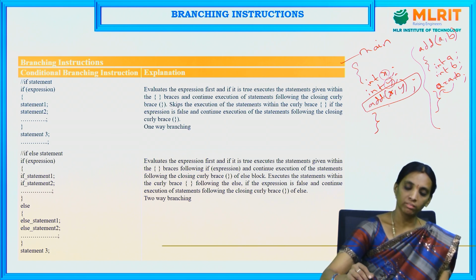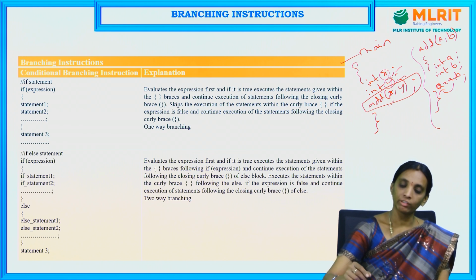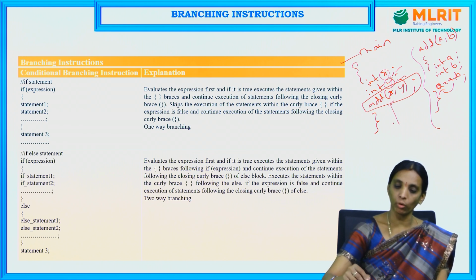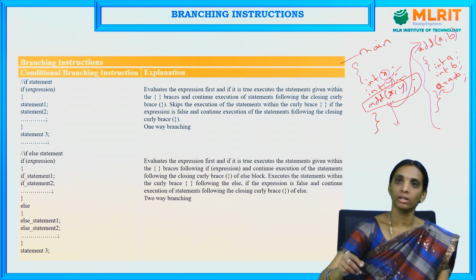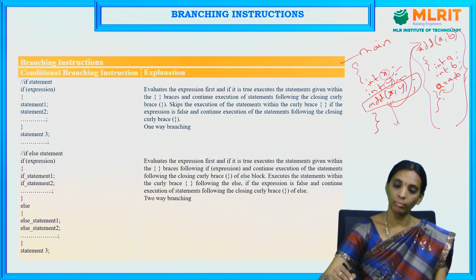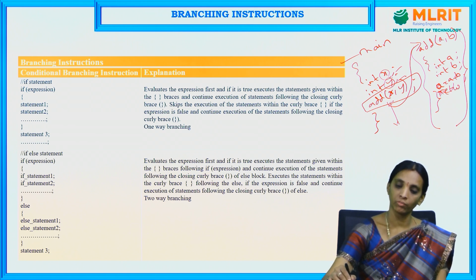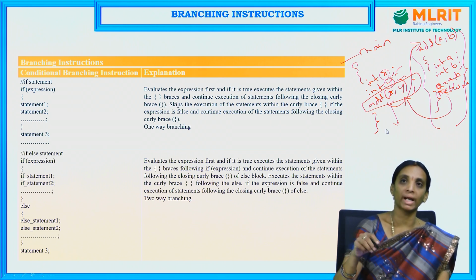When executing instruction by instruction, when the processor is going to execute this instruction, it will stop the execution at this point and jump from here to the function, and the total function will be executed first, and from the return statement it will come back to the main program. This process is known as branching.